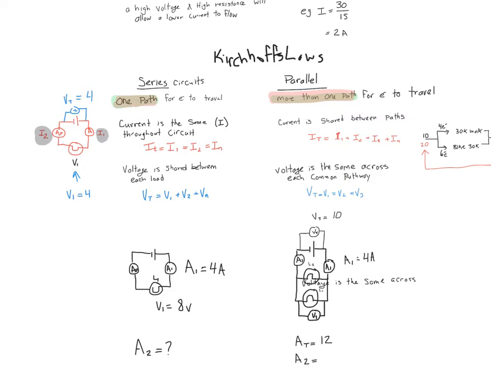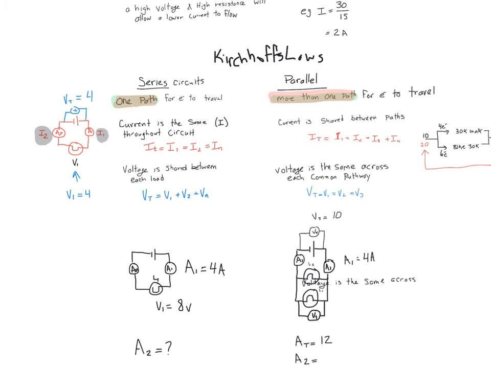So, as we move into these next problems, I call them the puzzle problems, you have to keep these laws in mind. And when I say these laws, I mean that current is the same and voltage is different for series. Current is different and voltage is the same for parallel.